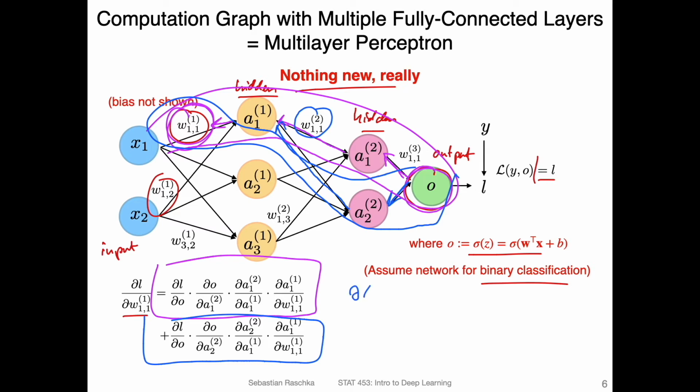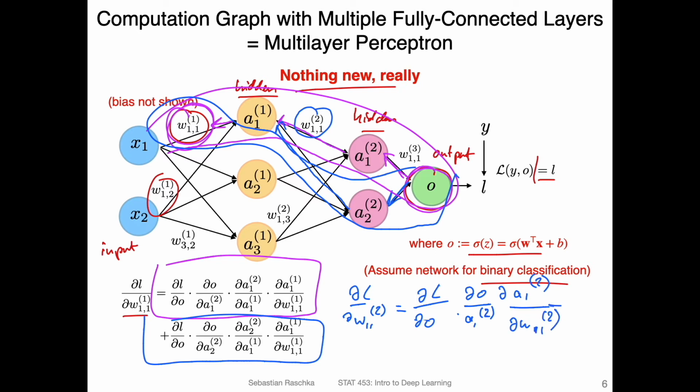We have the partial derivative of the loss with respect to the output, and then the output with respect to A1,2, right? And then A1,2 with respect to, we were saying, W1,1,2.